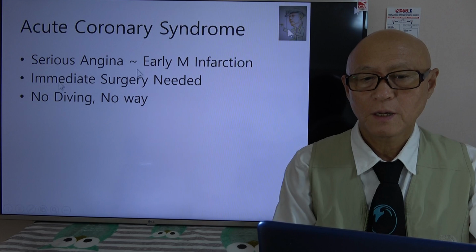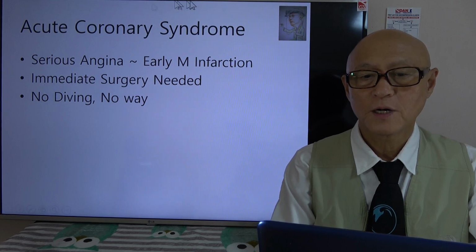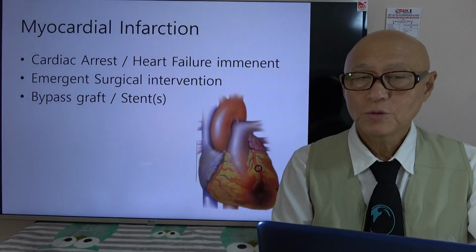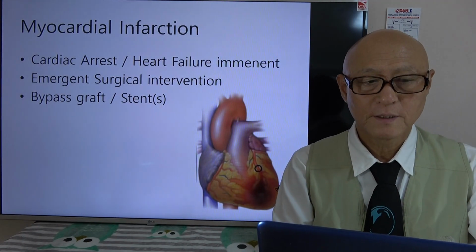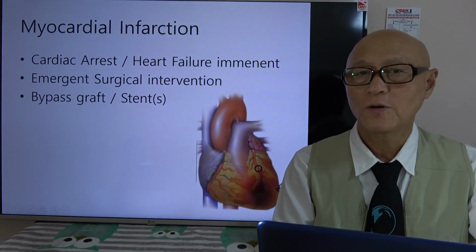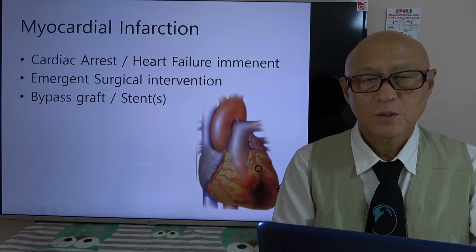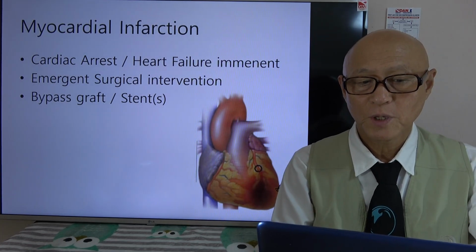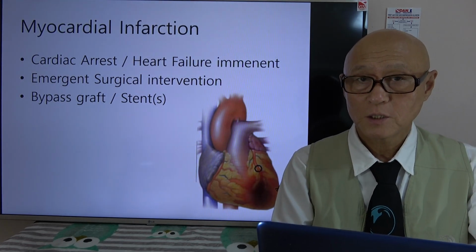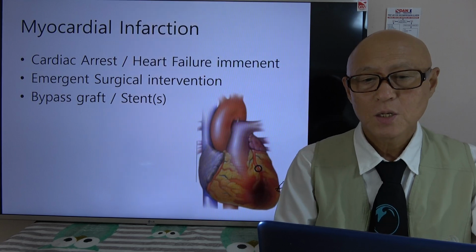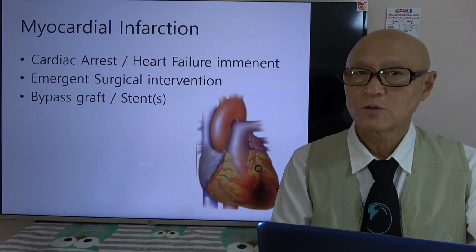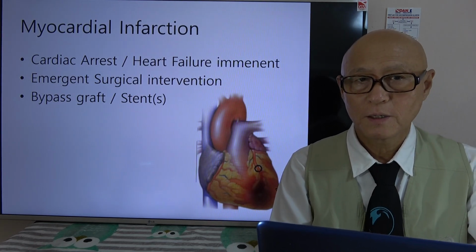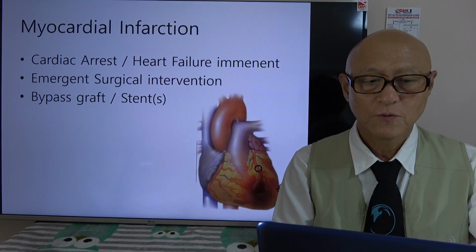And then comes myocardial infarction. Soon cardiac arrest, heart failure will follow. So this is a very emergent situation, both for patient and for hospital emergency room as well. So when we have a myocardial infarction patient, we do some emergency procedure for them.